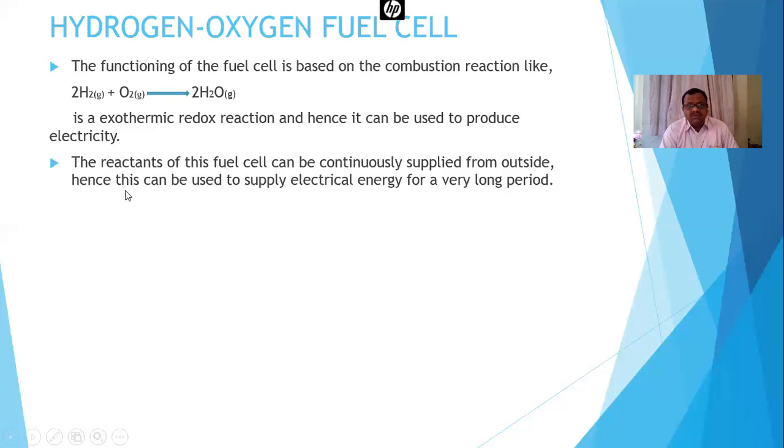The functioning of the fuel cell is based upon the combustion reaction. In this, the two gases, hydrogen and oxygen, combine with each other to form H2O. As we all know, the combination of these two gases is an exothermic redox reaction, and this redox reaction can be used to produce electricity.